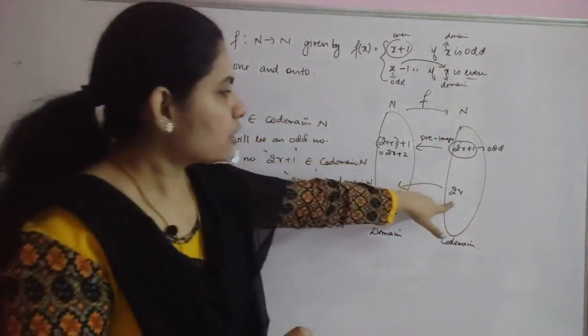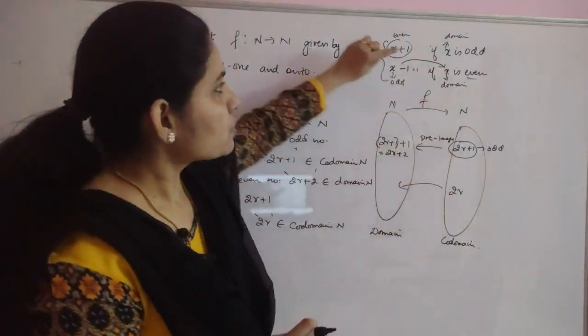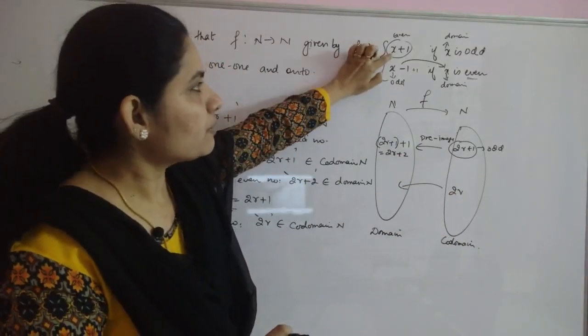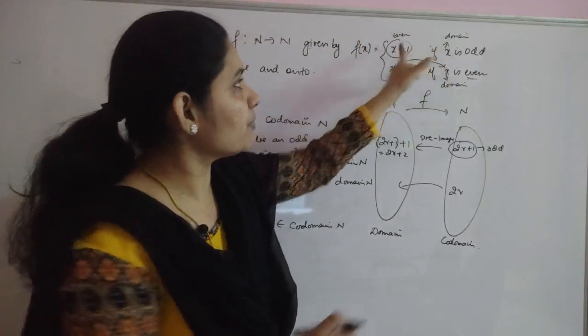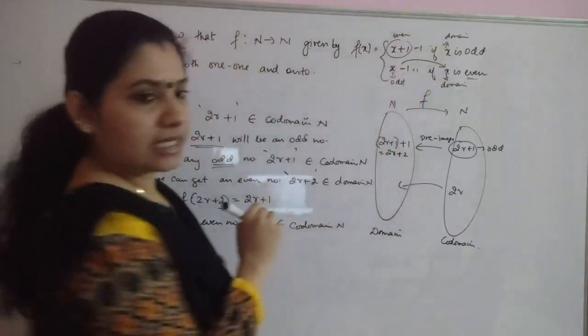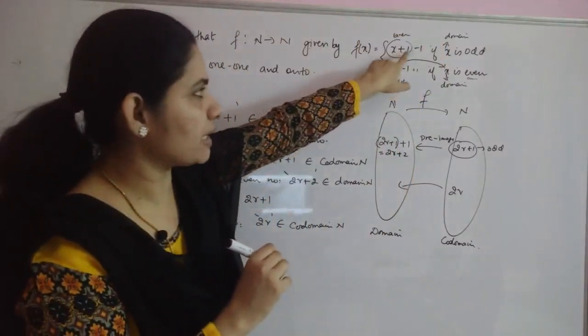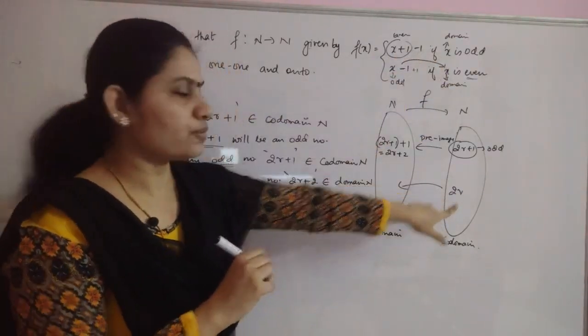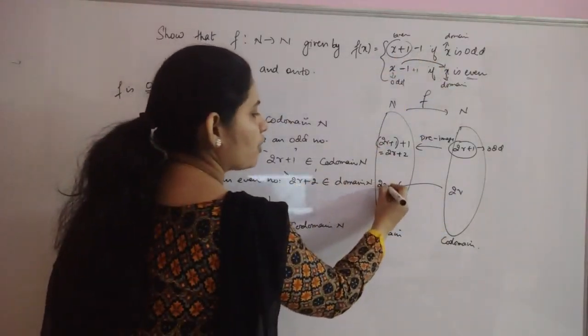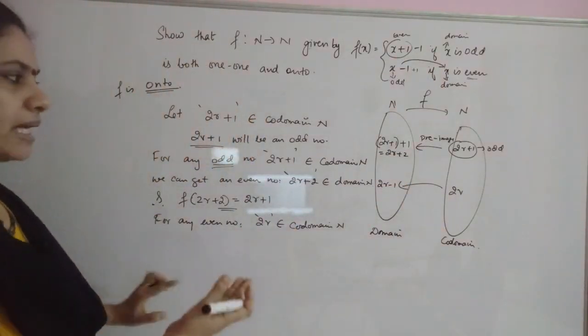Just see, in the codomain you are taking an even number. So even number means if it is of the form x plus 1, the element in the domain should be of the form such that that element minus 1 will give you x, right? x plus 1 minus 1 will give you x. So if you are taking 2r in the codomain, in the domain it should be of the form 2r minus 1.